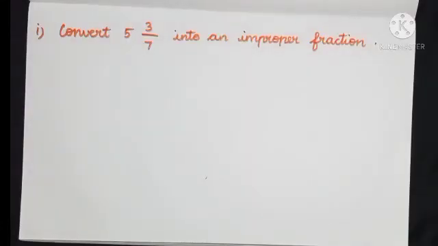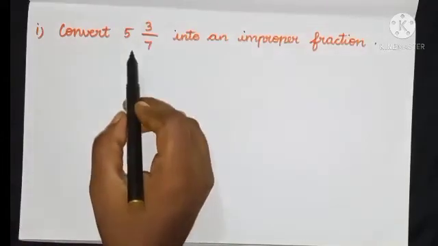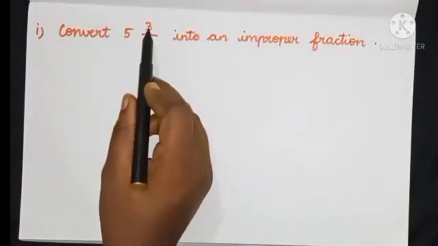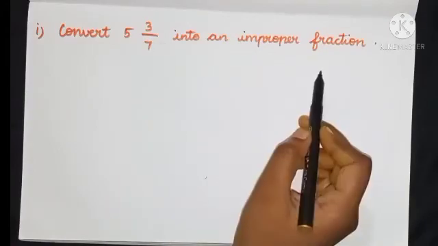Now let's see how to convert a mixed fraction into an improper fraction. We have to convert this mixed fraction 5 3 by 7 into an improper fraction.